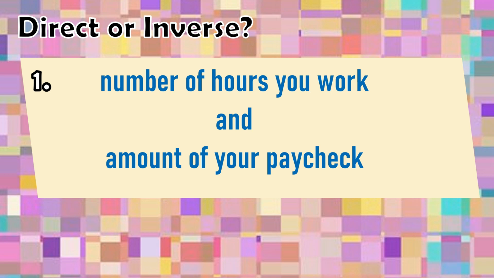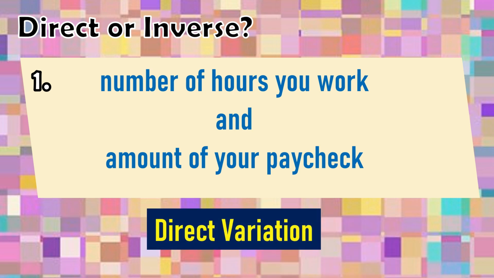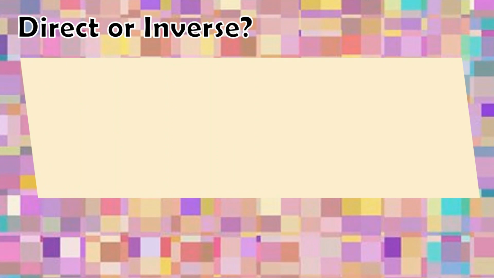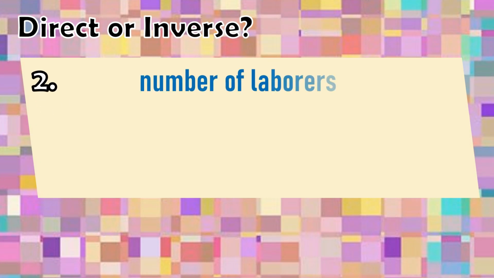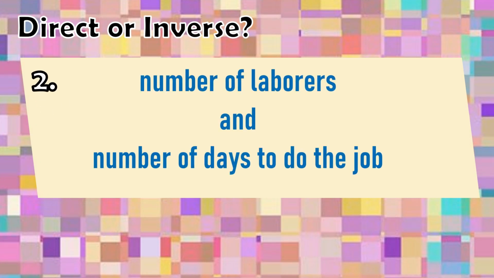That's right. The answer is direct variation. Number 2. The number of laborers and the number of days to do the job. That's right. That is inverse variation.